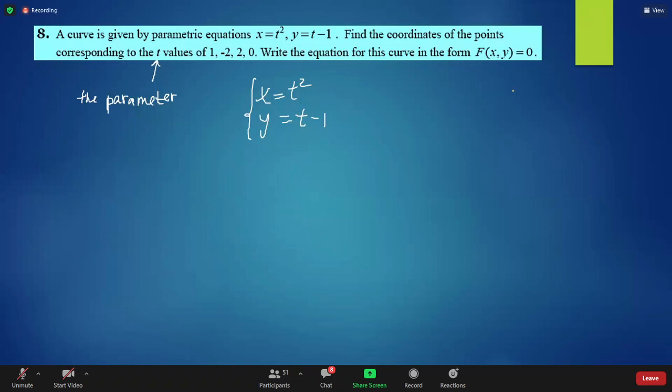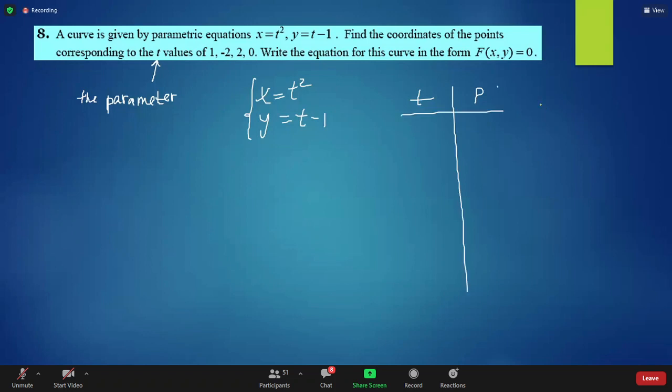We still consider in the plane y to be dependent on x, so they are, let's say, codependent perhaps. But the change is described by changing the value of the parameter. And so points correspond to the t values. All right, t, and then here we will have points with coordinates.